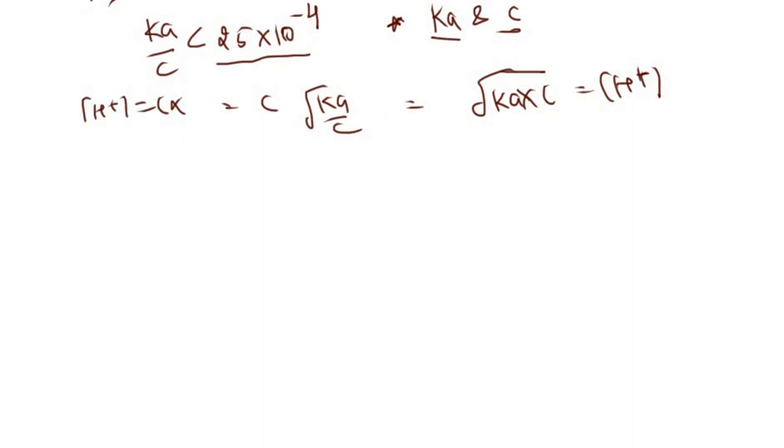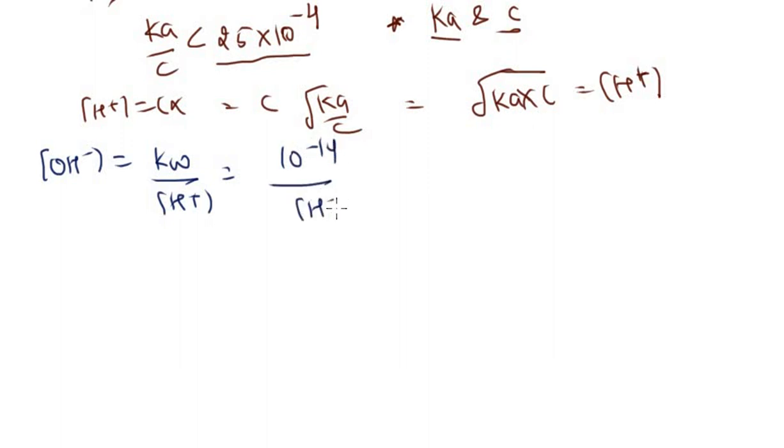Then, once we know the concentration of H plus, we can easily calculate the pH. And the concentration of OH minus can be given by Kw divided by H plus, where Kw is 10 to the power minus 14, divided by the concentration of H plus, whatever it is coming.